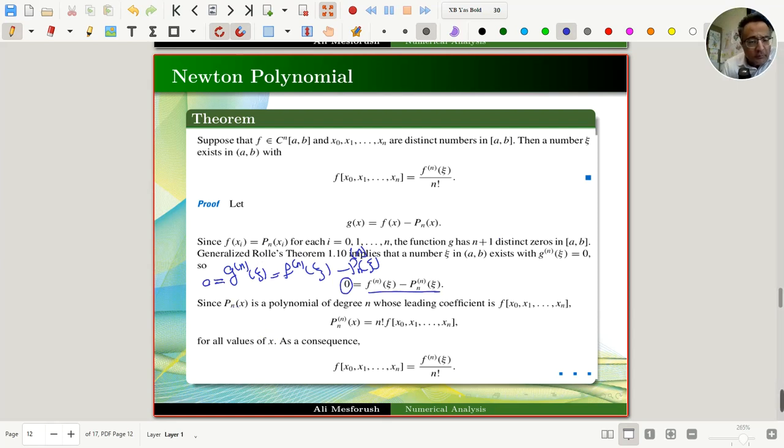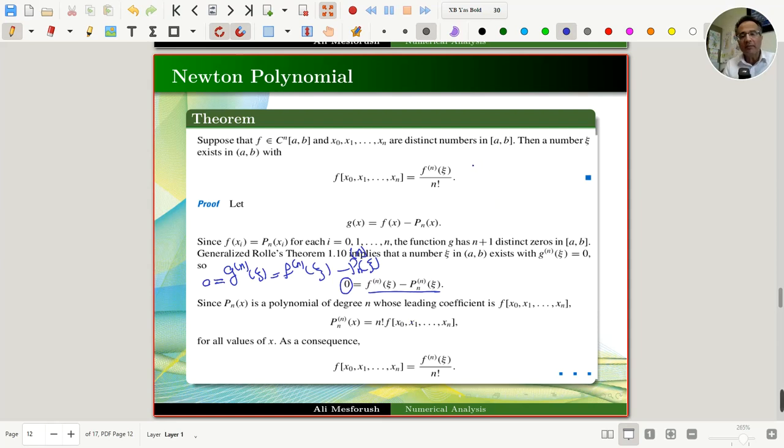Since pn of x is a polynomial of degree n whose leading coefficient is f[x0, ..., xn], we know that the Newton polynomial is something like this. The coefficient of pn is of this form. So the nth derivative of pn should be n factorial times f[x0, x1, ..., xn].